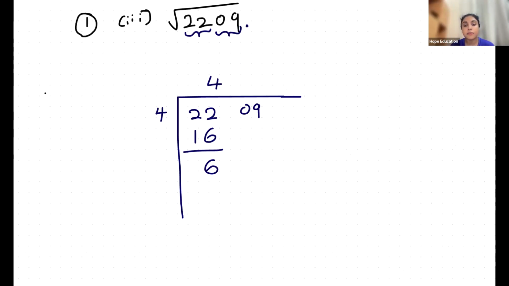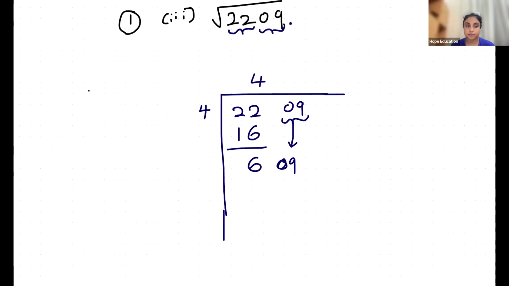Then I will bring down the remaining pair of digits here, 09. Here it's 4. So the double of 4 is what? Double of 4 is 8.